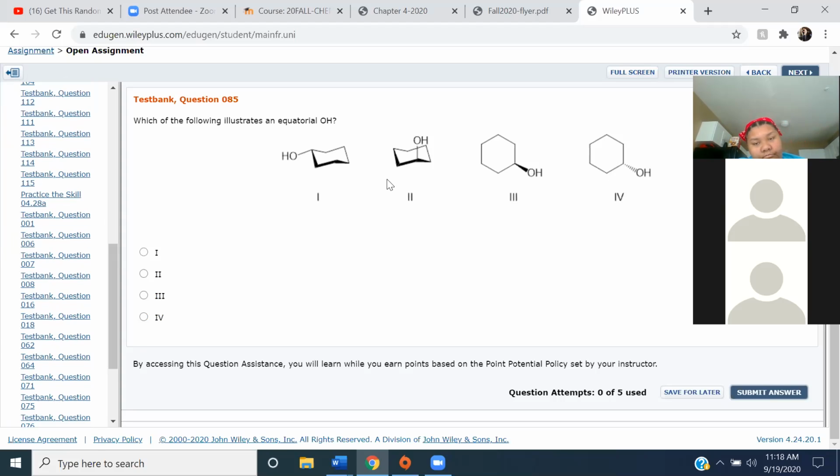I'm trying to see how I got the answer. I got the answer, it's 1, but I don't know how I distinguished that one from number 3 and number 4. I just realized why: when I said equatorial, I was like, that's not the equator. The equator is this.